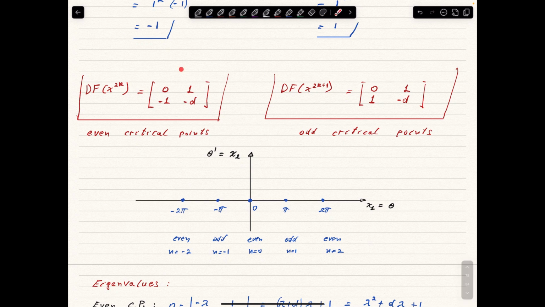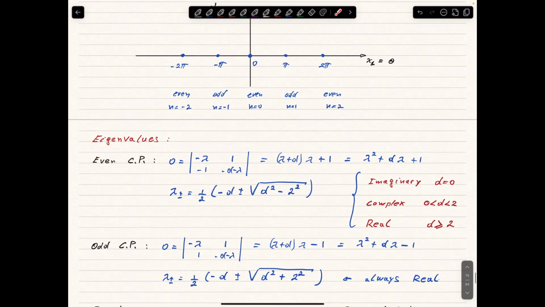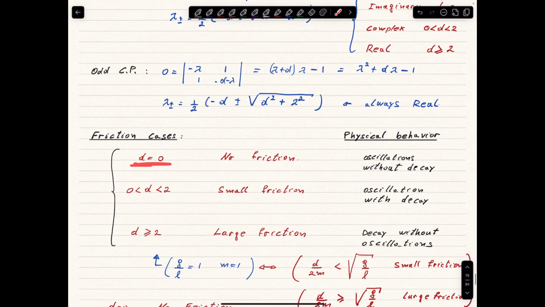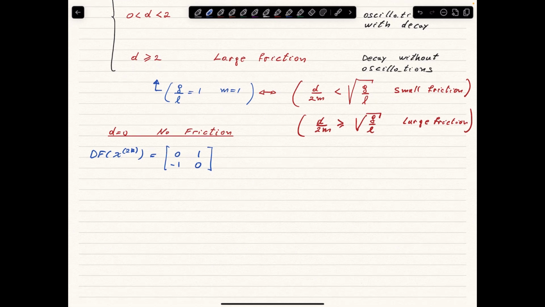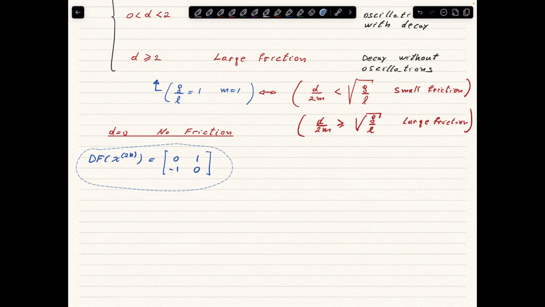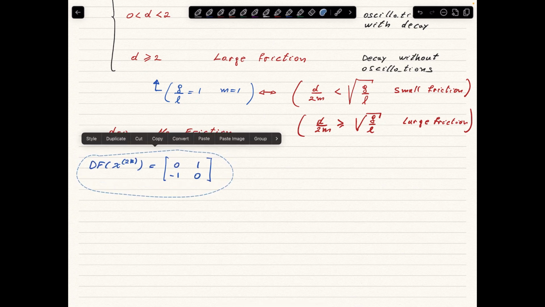We were working with this matrix, isn't it? But now we have no friction, so we have a big 0 here now. So it's 0, 1, negative 1, 0 now, because we are in this case now. So we have 0, 1, negative 1, 0, no friction. And then this is for even critical point.